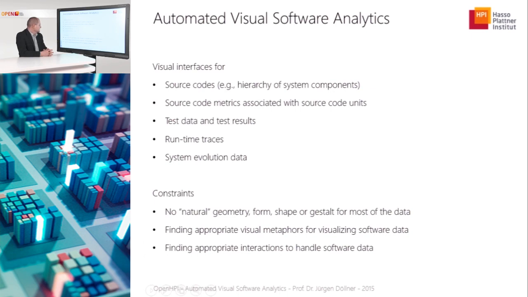We have also to find appropriate visual metaphors for visualizing software data, for example, in terms of a software landscape or a software map. And we have to find appropriate interaction techniques to handle the process of exploring software data.